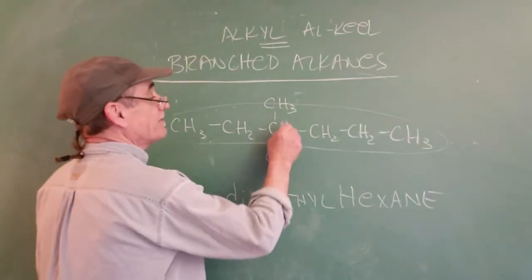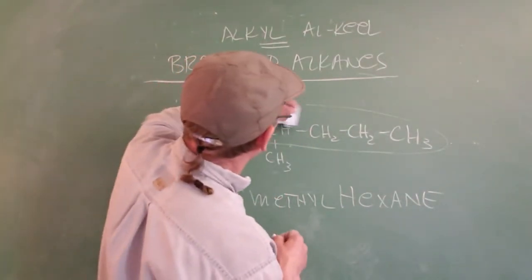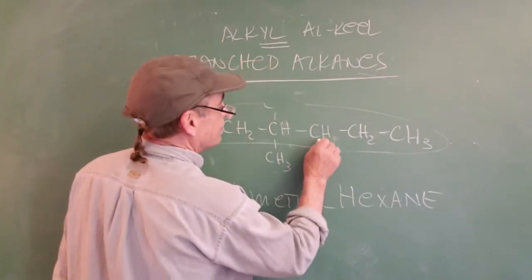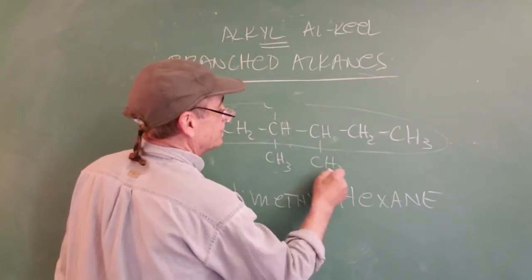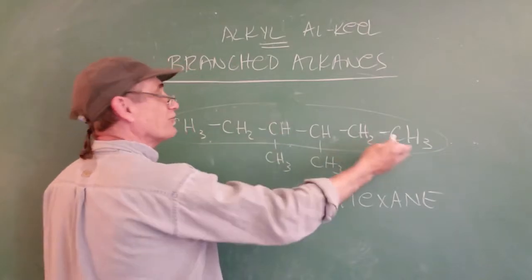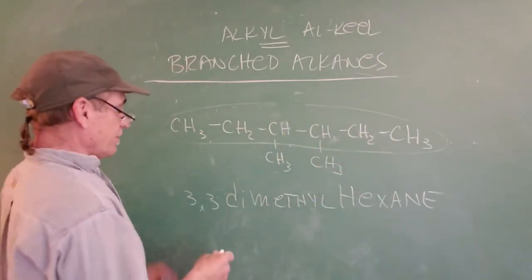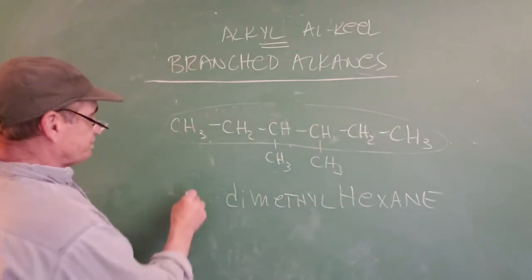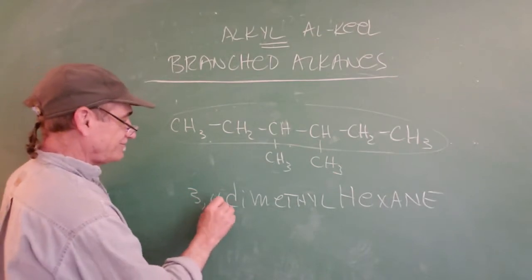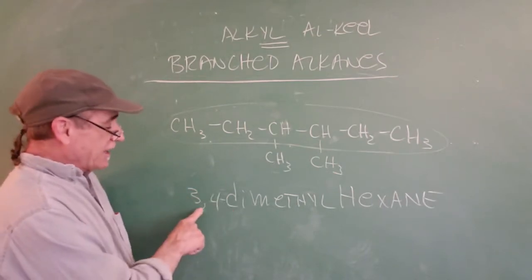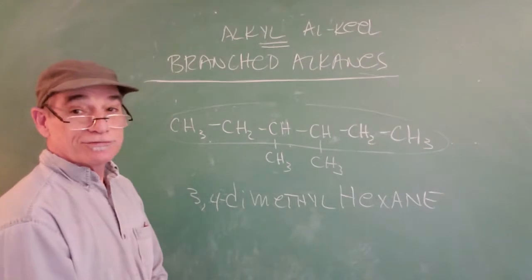For instance, what if I did this? Put the methyl group on this carbon. Well, now, regardless of which end you number from, this is a 3,4-dimethyl. Again, it gave the address of both of the methyl groups.